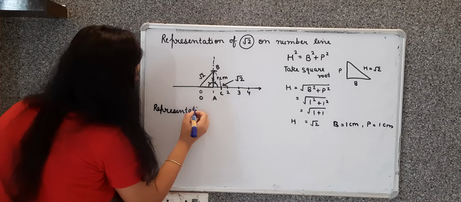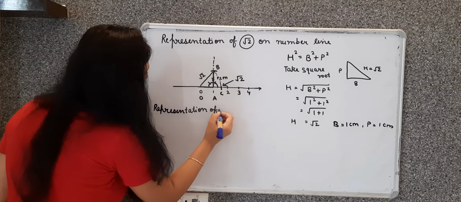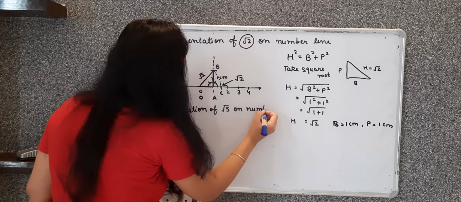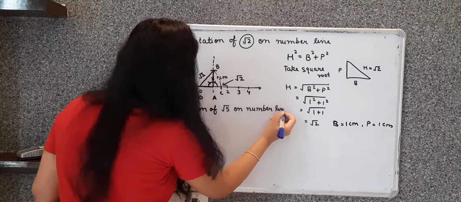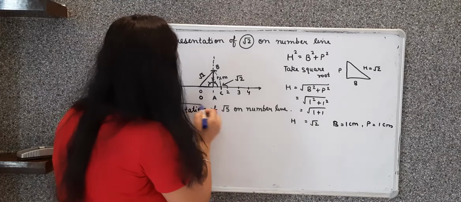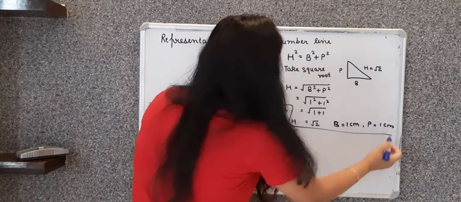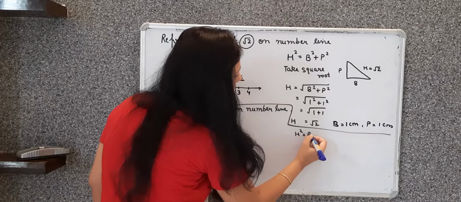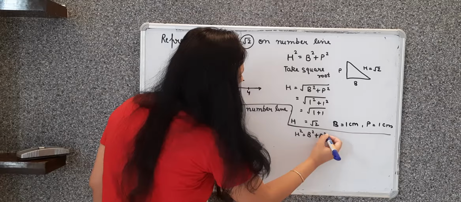Next, if I want the representation of root 5 on the number line, again we need to take the help of the Pythagoras theorem, that is, hypotenuse square is equal to base square plus perpendicular square.